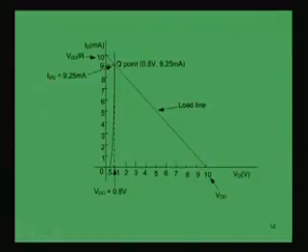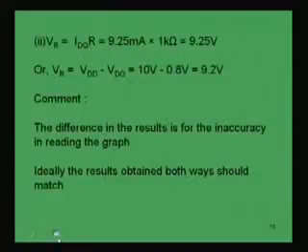So, this Q point is defined by 0.8 volt and 9.25 milliampere. This is the operating point. That means the circuit current at that particular operating point is 9.25 milliampere and the voltage across this diode is 0.8 volt. Now, what about the voltage VR? That has to be found out.